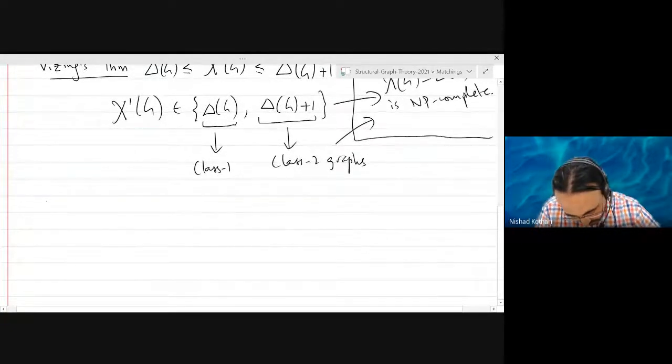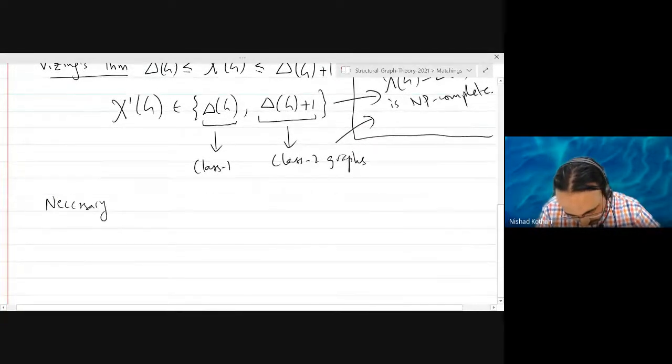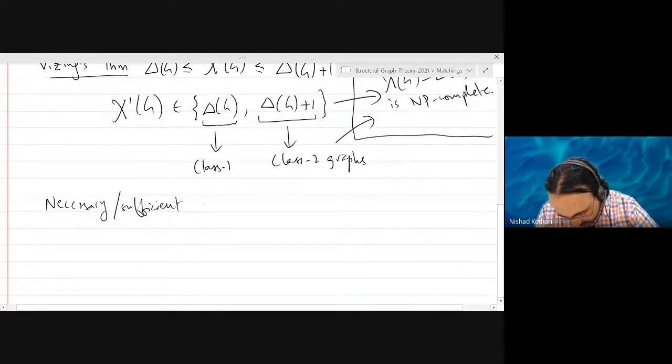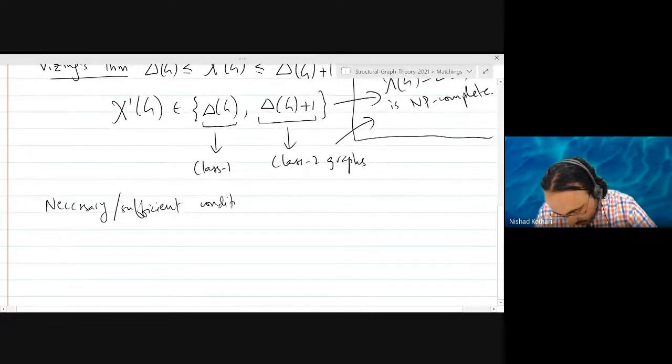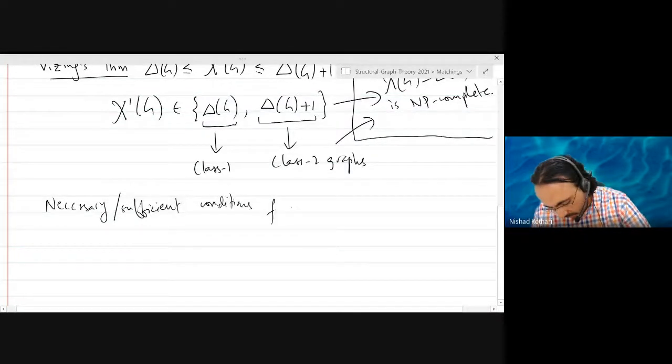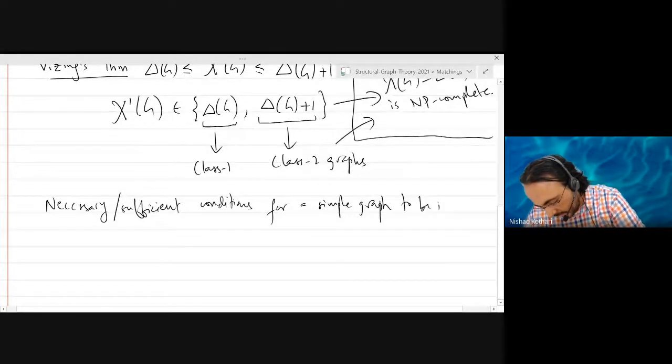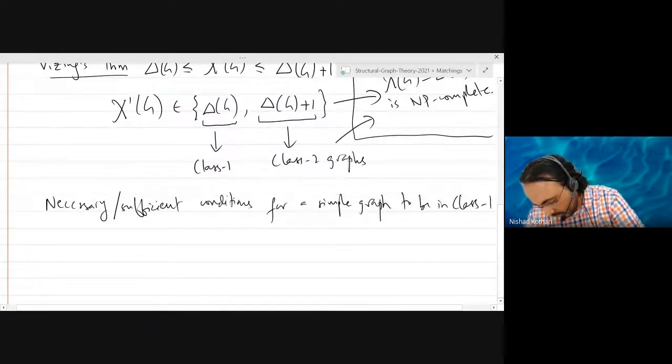So, are there some necessary or sufficient conditions for a simple graph to be in class 1 or in class 2?